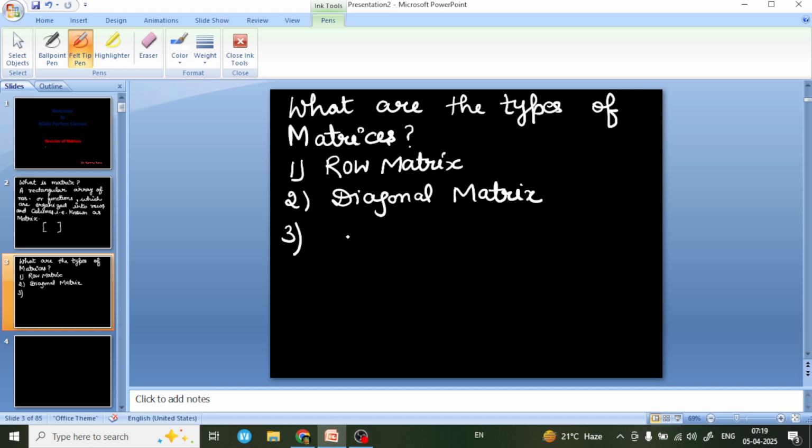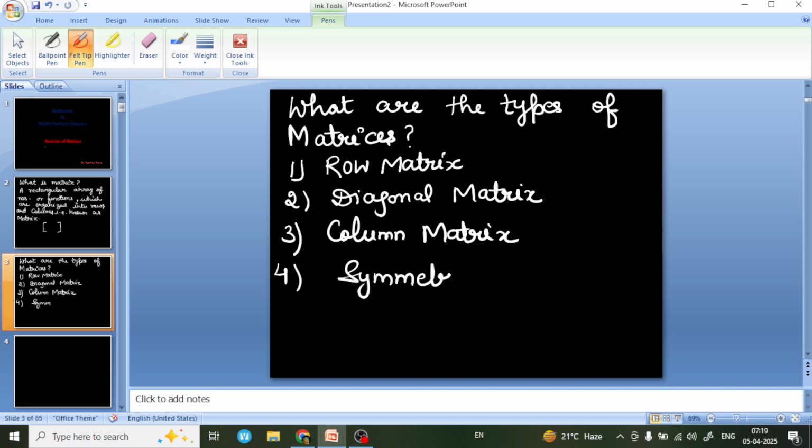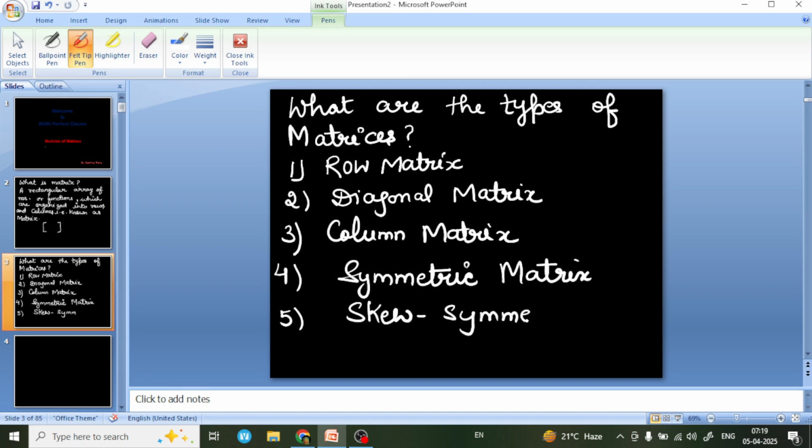Third one is column matrix. Fourth, symmetric matrix. Fifth, skew symmetric matrix.